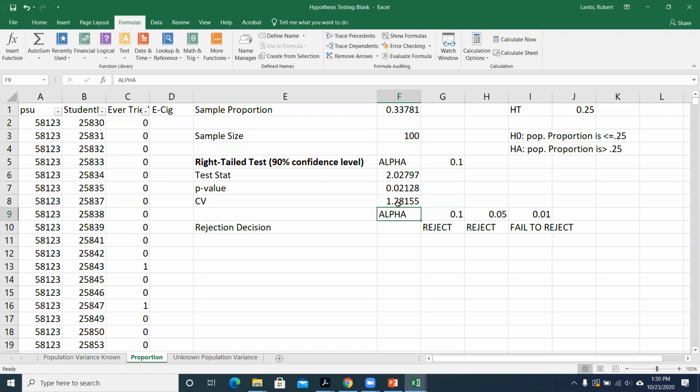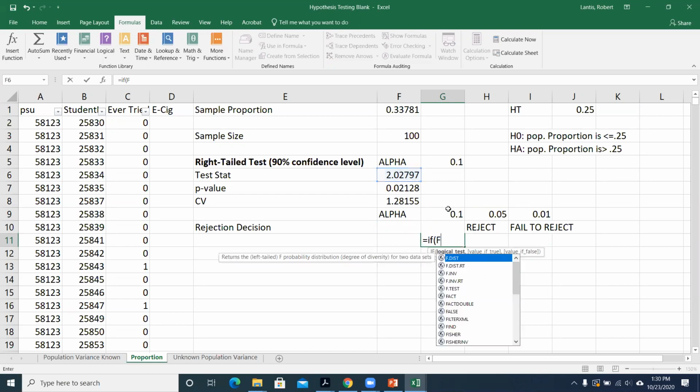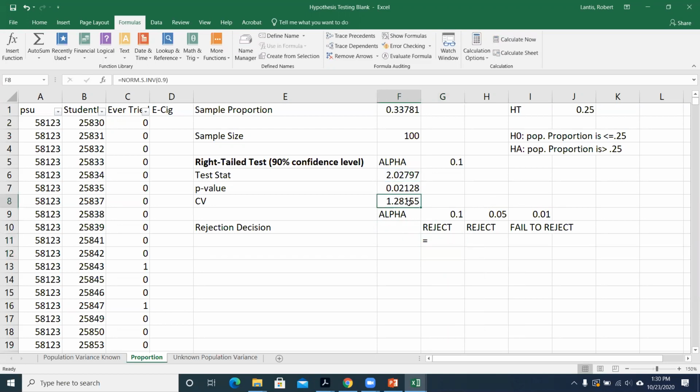Now, for a right-tailed test, what I could have also done here, just to show you, is say, okay, if that test statistic is greater than my critical value. Now, I'll put my critical values here. Well, let me do this first. Let's set this up nicely.